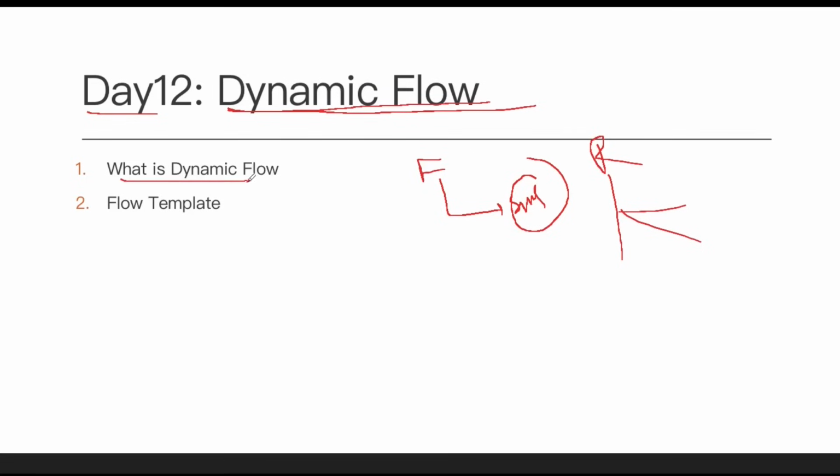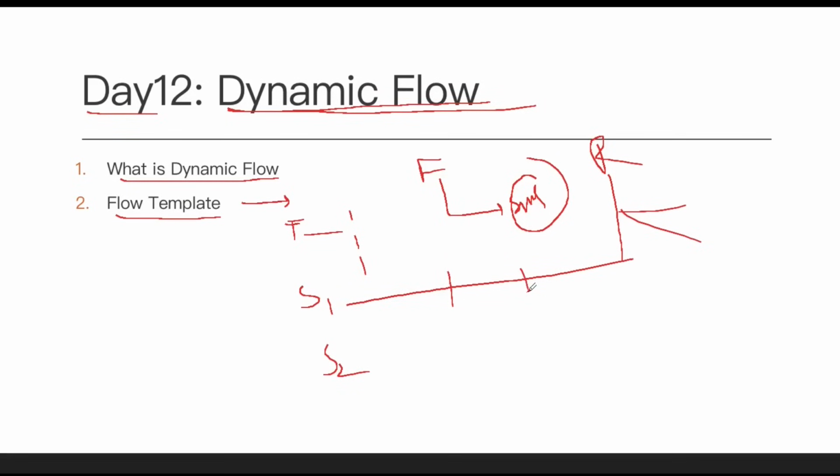In the dynamic flow, we have something very specific called flow templates. We have to create a flow template, or template subflow or flow, and after that we can define that specific flow. So first we are going to create a template, and the template will have a number of inputs. Then we can create a specific flow called S1, S2 with a copy of this template, and we can define a number of actions.